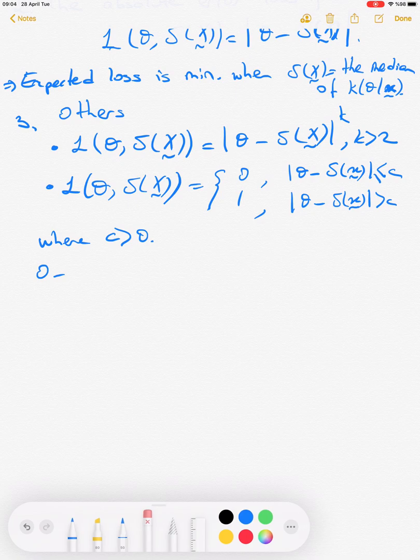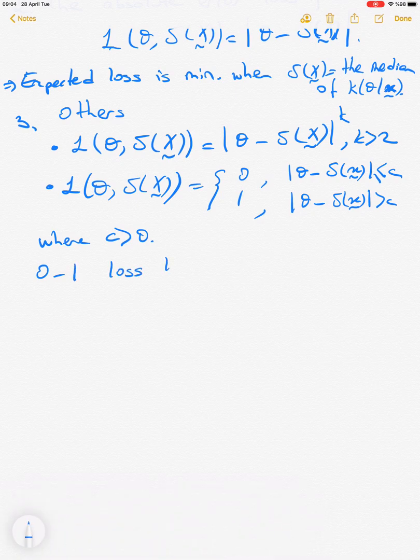This is a 0, 1 loss function, which is usually used in testing problems.